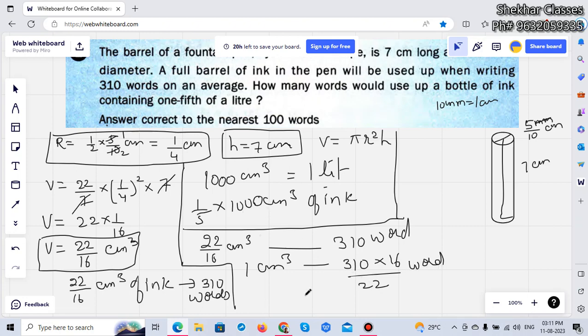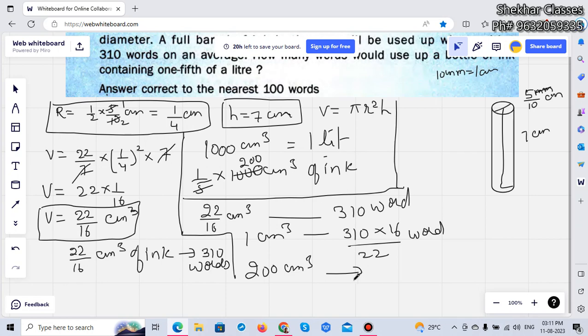If you divide 1000 by 5, it becomes 200 centimeter cube, right? So 200 centimeter cube will write 310 into 16 upon 22 into 200. Got it?